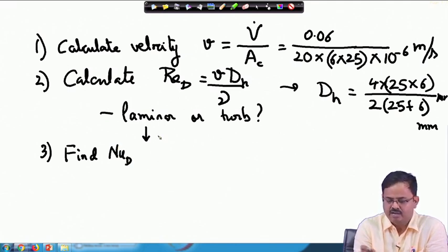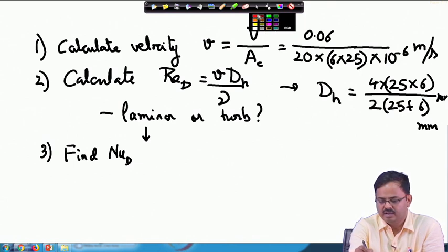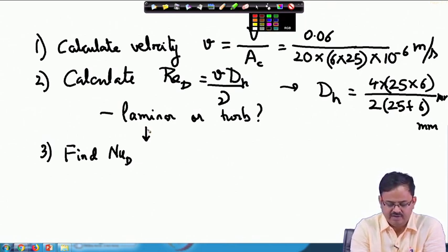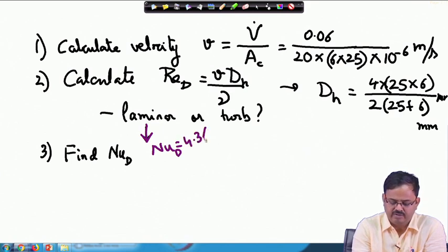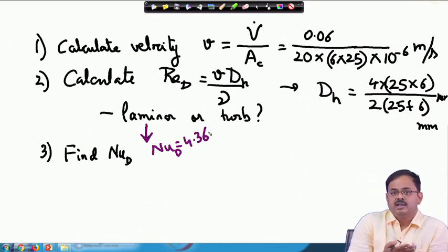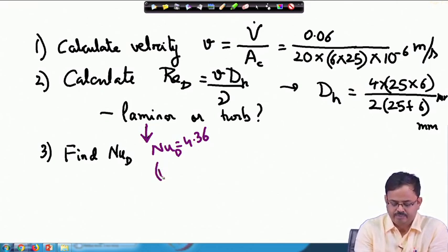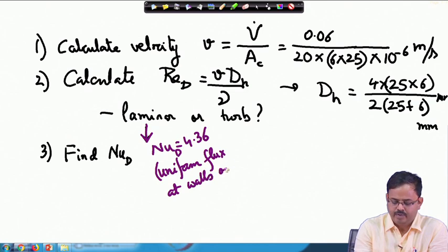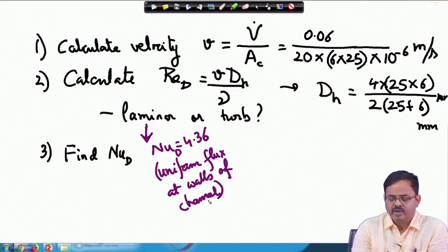If it is laminar, then Nusselt number D is going to be, I believe, 4.36. Why? Because this is 50 watts. In the absence of anything, we will assume that this 50 watts is uniformly distributed, so it is a uniform flux at the walls of the channel.